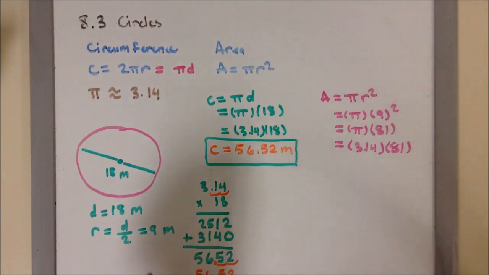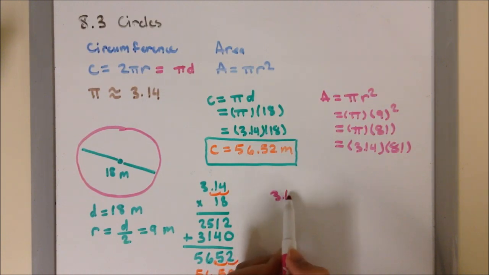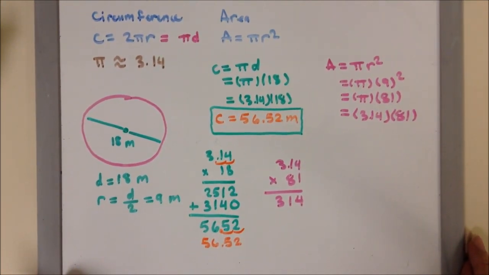Alright, so I'm going to set up my work. 3.14 times 81. Alright, starting with my 1. 1 times 4 is 4. 1 times 1 is 1. 1 times 3 is 3. Alright, now working with my 8.